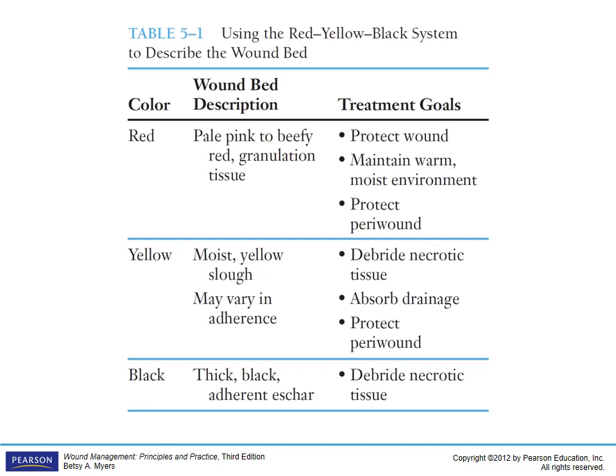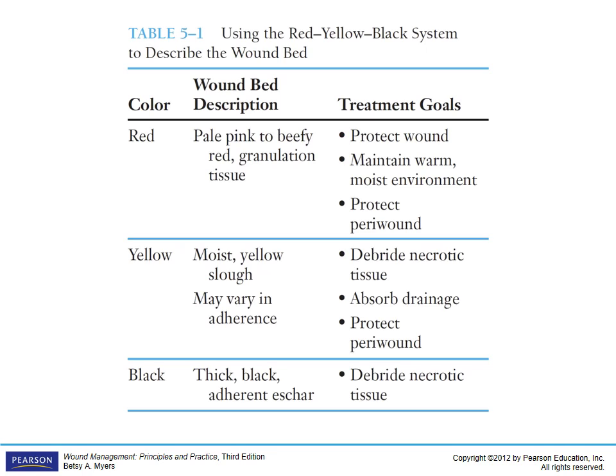So if your wound bed is yellow, it has this moist yellow slough. It varies in adherence. When we talk about venous insufficiency ulcers, they often have a yellow slough that's incredibly adherent, meaning it is really difficult to debride it off. It sticks like glue to the granulation tissue.